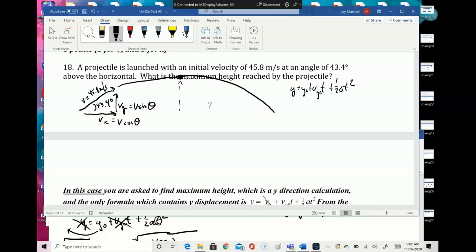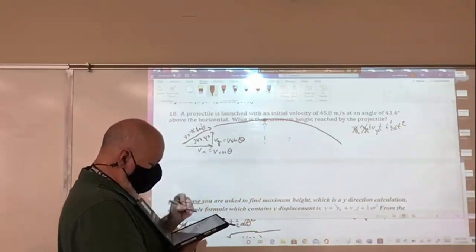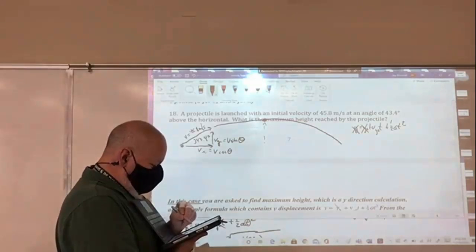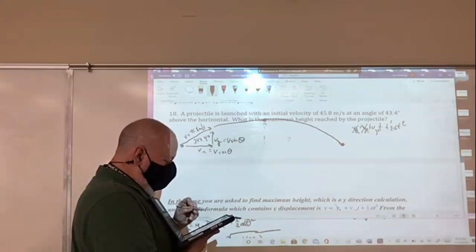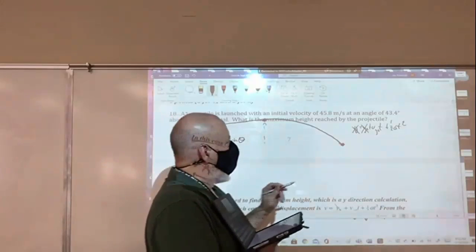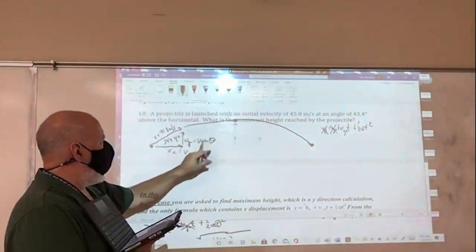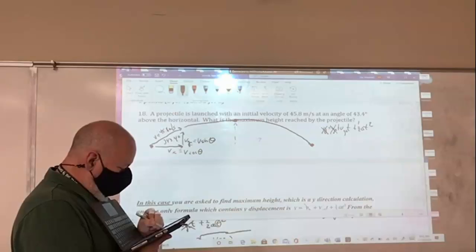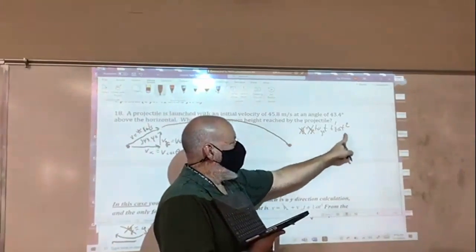So I know that my initial height is going to be 0. I know that my final height is also going to be 0, right? I'm going to start out at 0 here, and I'm going to end up at 0. But after I figure out what my initial y velocity is, I don't know how much time I have.